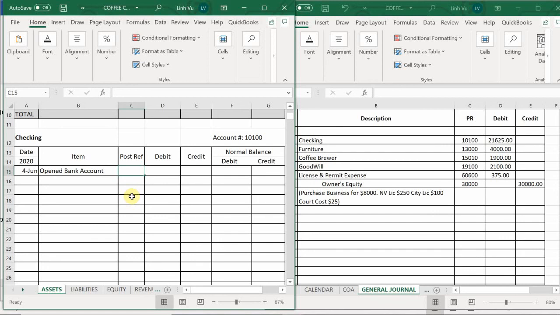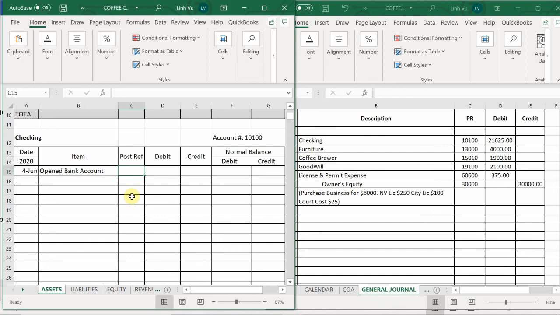Now, in this case, my post reference here in my journal is the account number, right? But on my ledger, my post reference is going to be slightly different because I don't need to retype that I have my account number because it's already there in your ledger account, right? It's right there in the section. It says right here, account number is 10100.